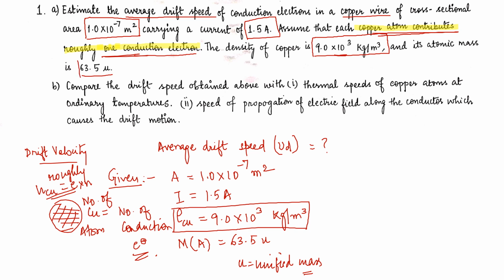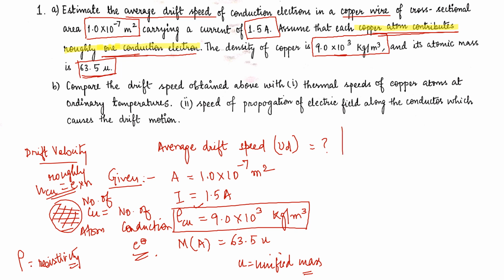When it is divided by the unified mass, it gives the number of atoms present in that volume, and that many will be the number of electrons circulating in that cross-sectional area. That's why the density is important here. I'm taking rho as the density. Rho is resistivity also, but here rho denotes the density.